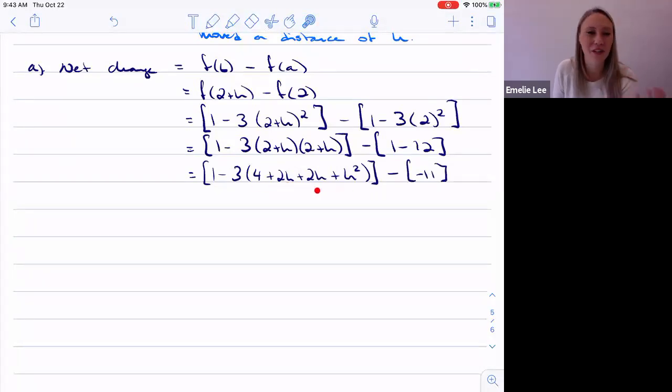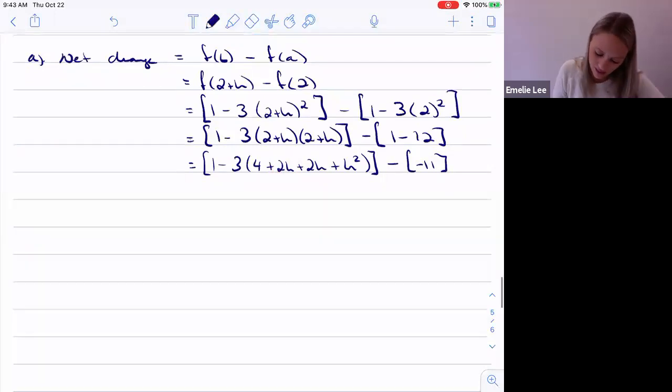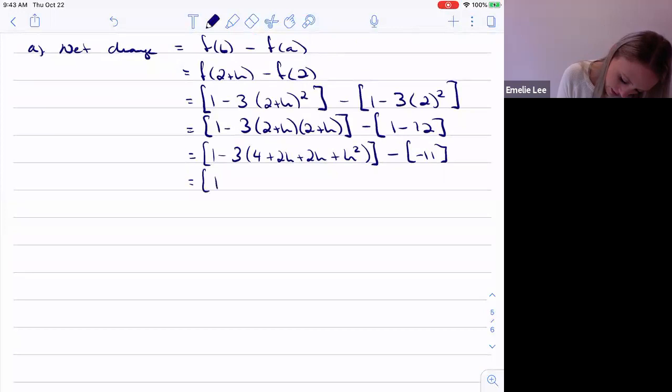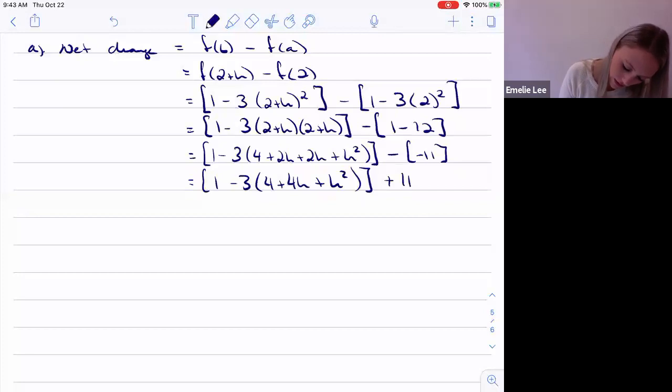We've got time. We've got a lot of work to do here, so I can take it nice and slow simplifying this side. So we have 1 minus, and then 3 times, so I'm going to bring this in. I'll show this extra step. You don't have to, but 3 times 4 plus 4h plus h squared plus 11. So now I have 1 minus 12.